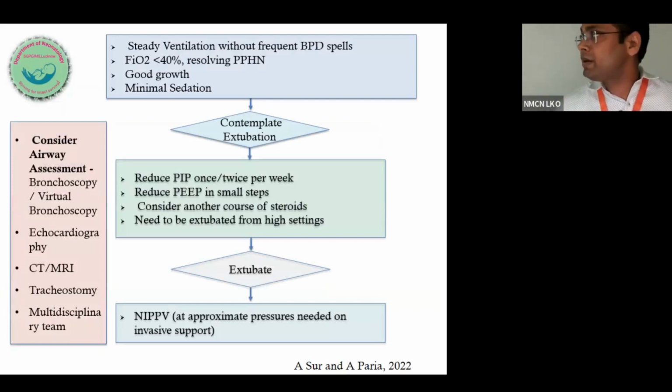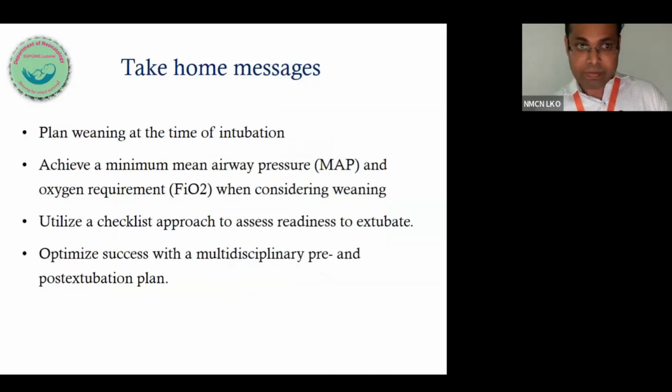CT or MRI can be done with virtual bronchoscopy. Tracheostomy can be done, which reduces the work of breathing and gives better oromotor development and neurodevelopmental outcome. A multidisciplinary team approach with the help of the ENT specialist, nutritionist, and nurses can be used.